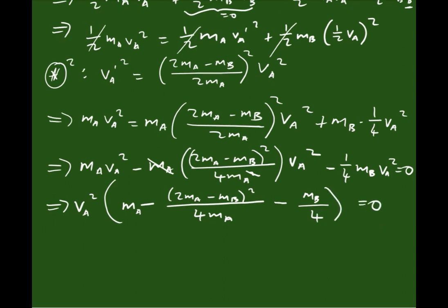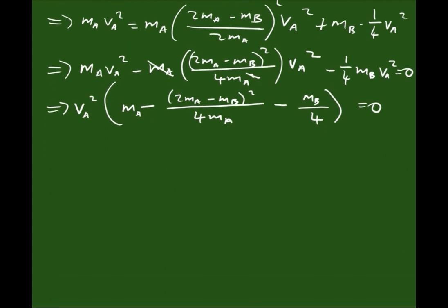So now it's just a little bit more algebra. We just have to expand the inside of the brackets, because this will mean that VA squared is equal to 0, or this is equal to 0. So let's consider what happens when that algebraic expression is 0.